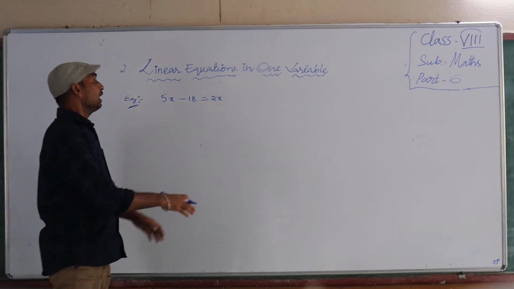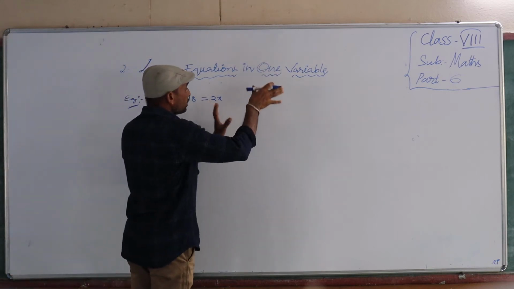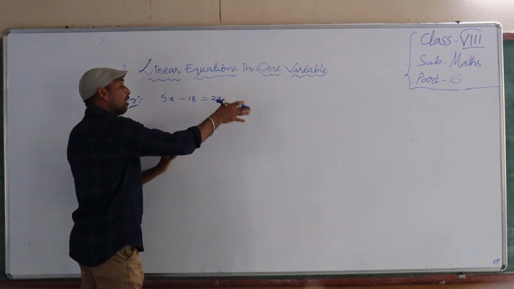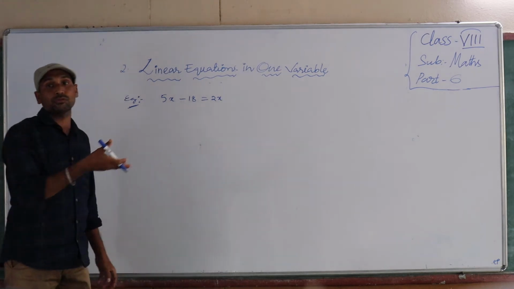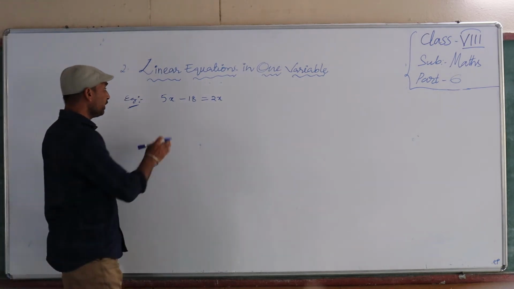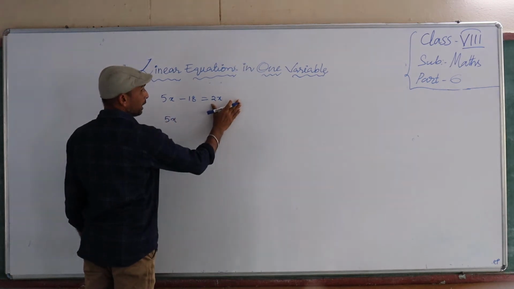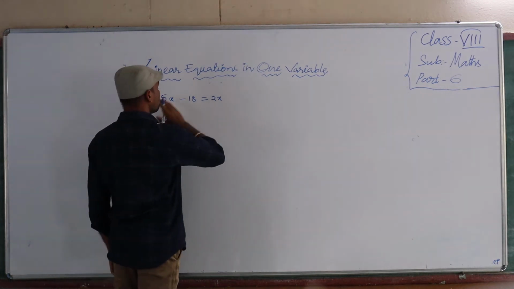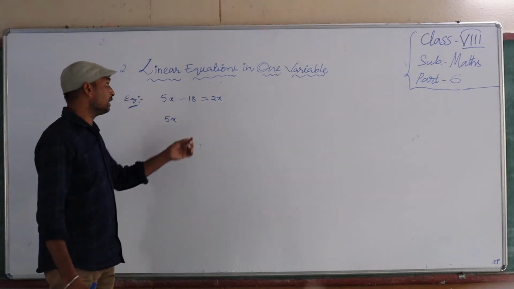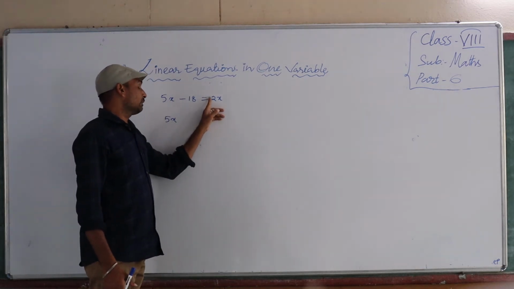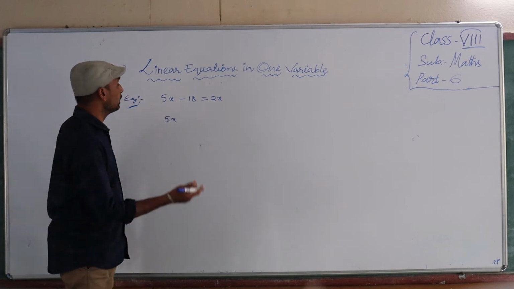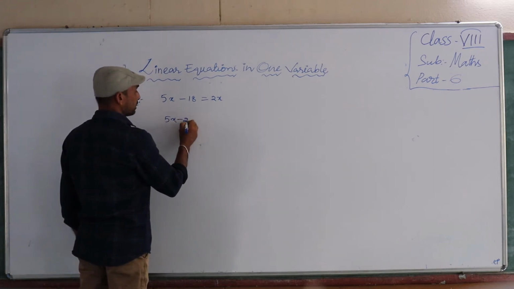So the variables which are on the right side, you transpose to the left side. So first 5x you write. Right side 2x is there, that you transpose to the left side. So again here plus symbol, and if you transpose to the left side, it will become minus 2x.